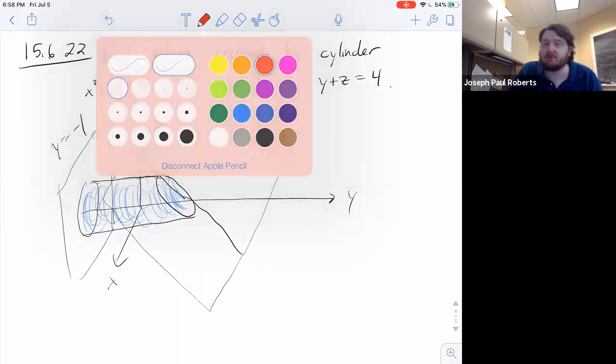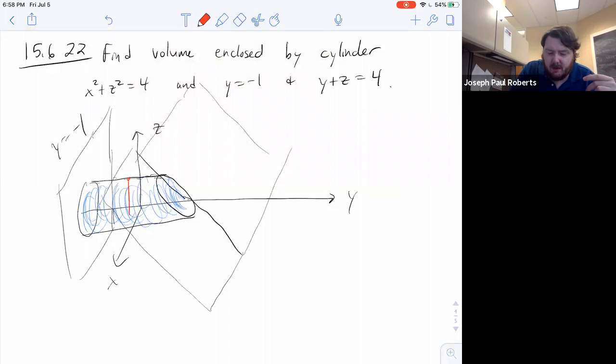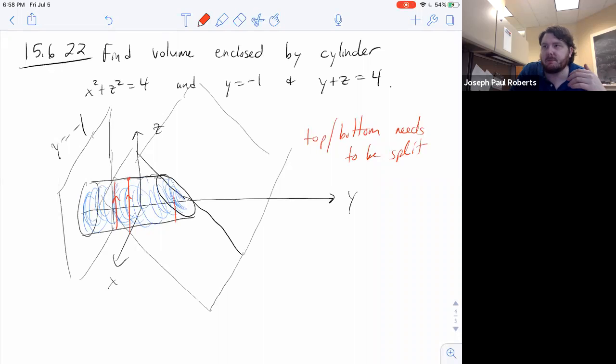And so you could do top and bottom surfaces, but you'd have to split it up. The top bottom needs to be split, because notice sometimes the top surface is part of the cylinder, and other times the top surface is the plane y plus z equals 4. So for certain y values, you start and stop on the cylinder.